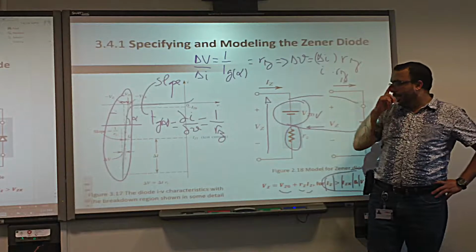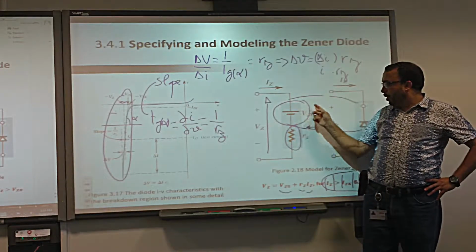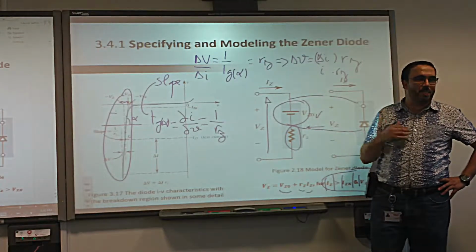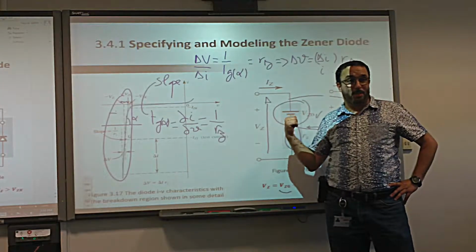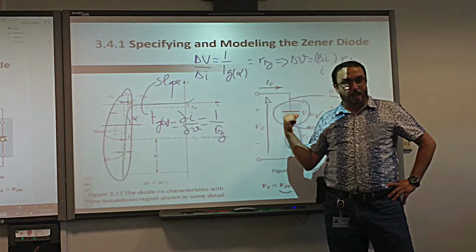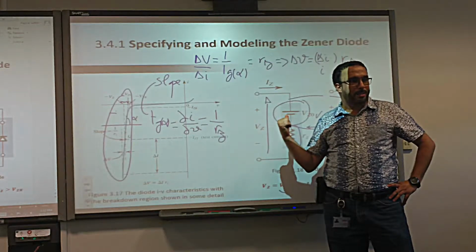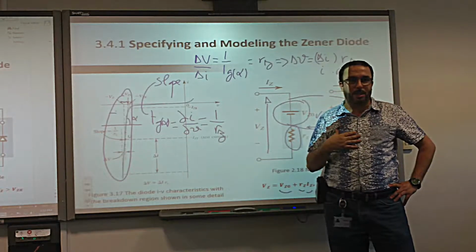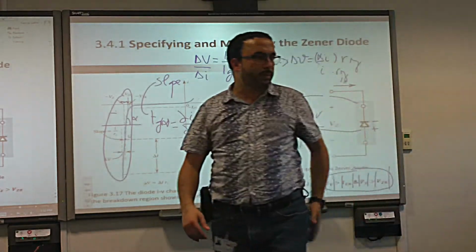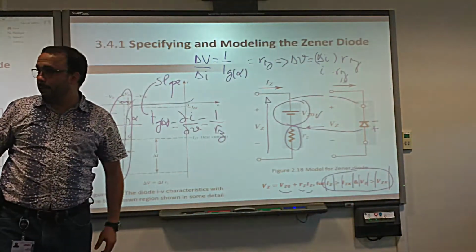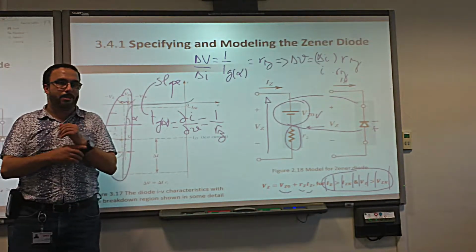And the other thing is that the Zener VZ0 is much bigger than 0.7, like in the CVD, remember? This one is 5 volts and more. So I can have a very good voltage regulator with higher voltage, not with 1.7 or 2.1 volts. So that's the beauty of the Zener diode.